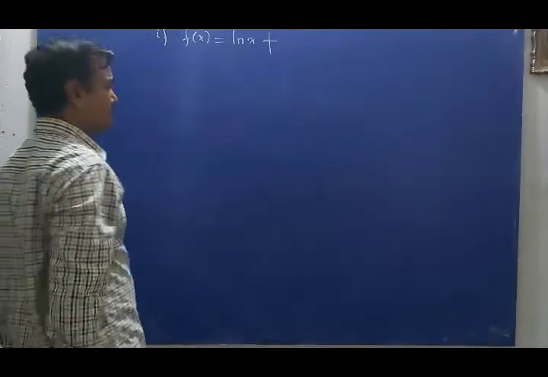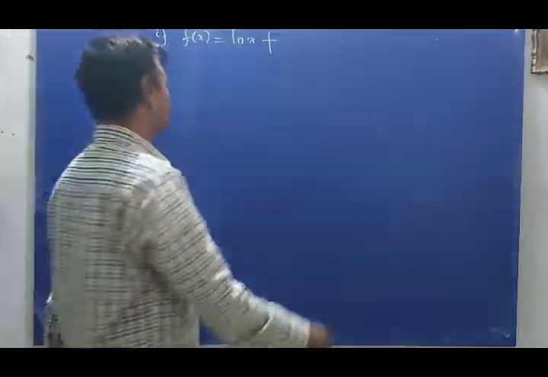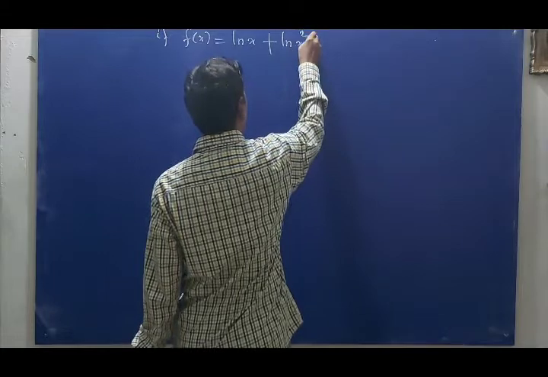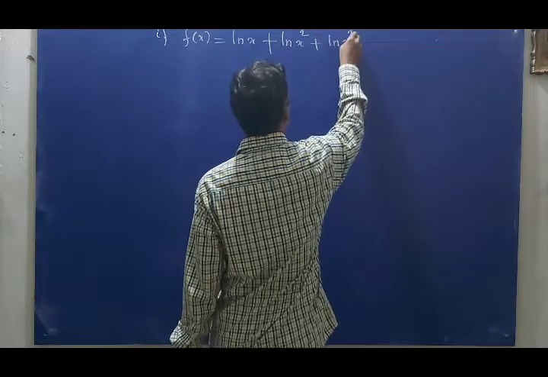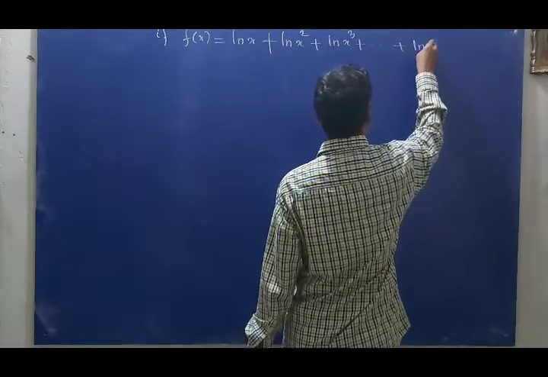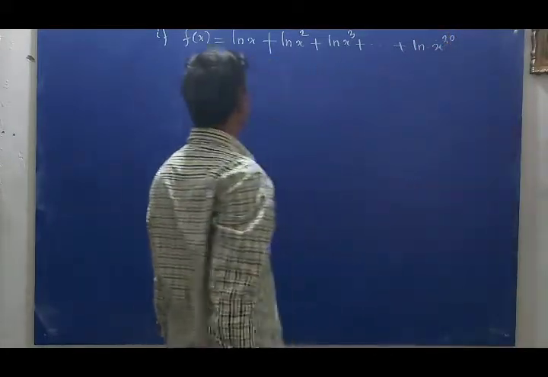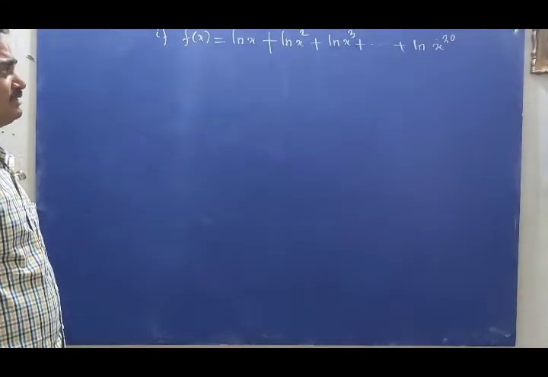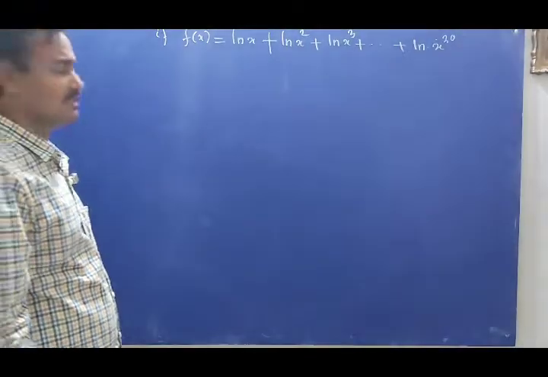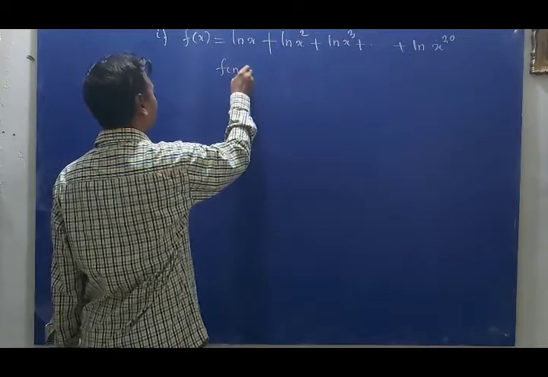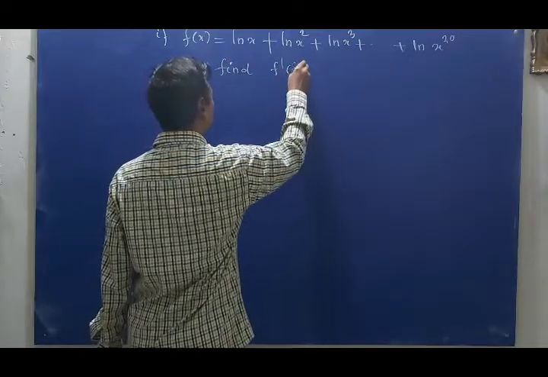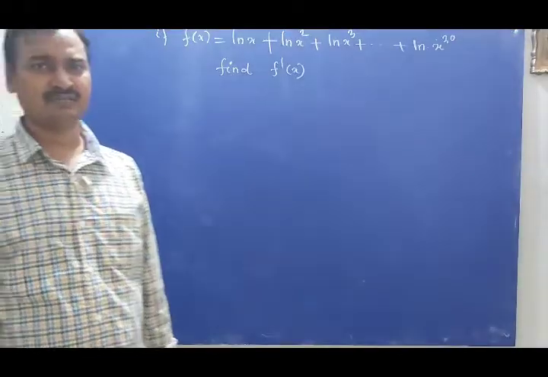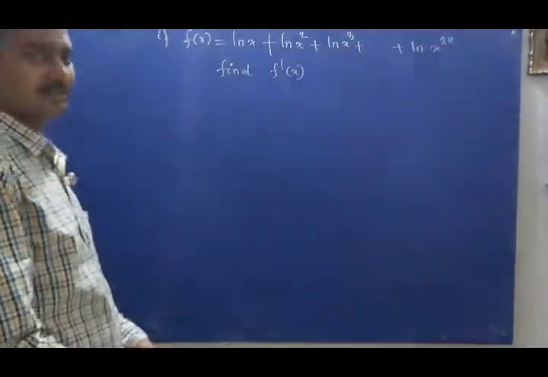Next, if f of x is equal to ln of x plus ln of x square plus ln of x cube plus and so on up to ln of x to the power 20, then find f dash of x.